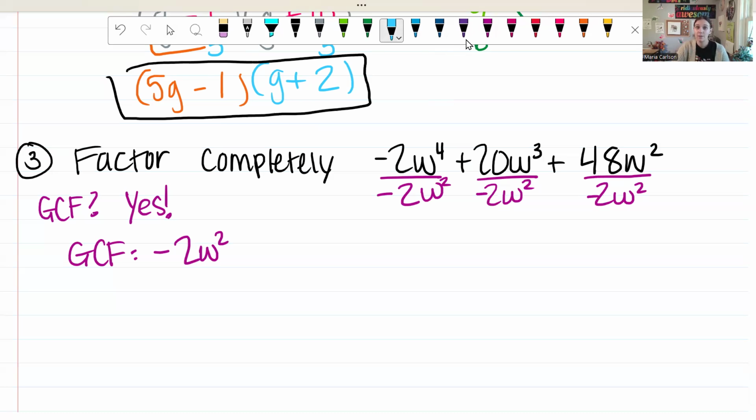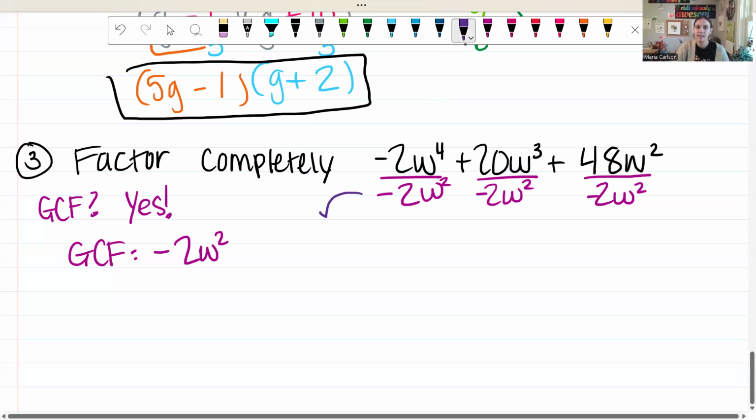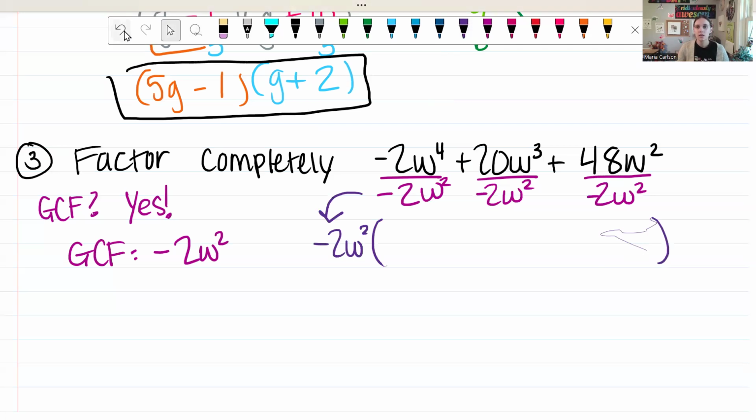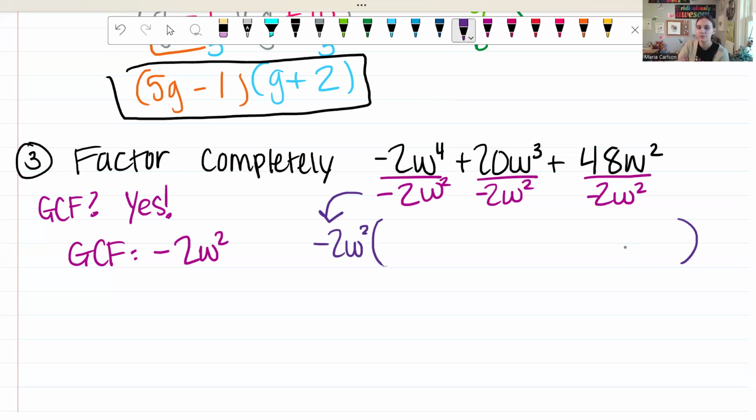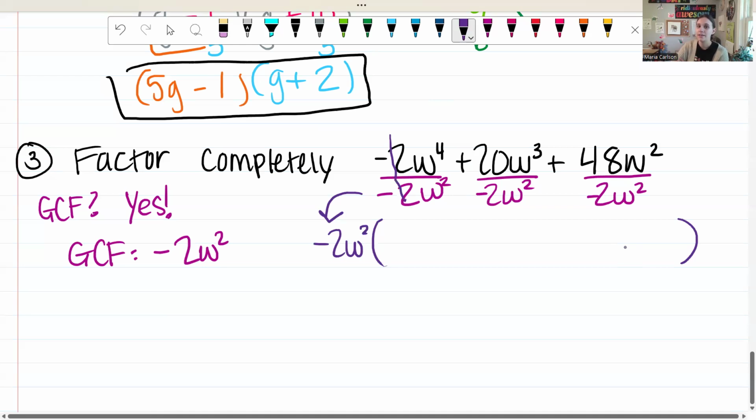What will happen when we factor this out is this -2w squared will come outside of a set of parentheses. And what is left over will be inside these parentheses. So negative 2w to the fourth divided by negative 2w squared, the negative 2's will cancel. And if you have 4 w's and you take out 2, you will be left with w squared.